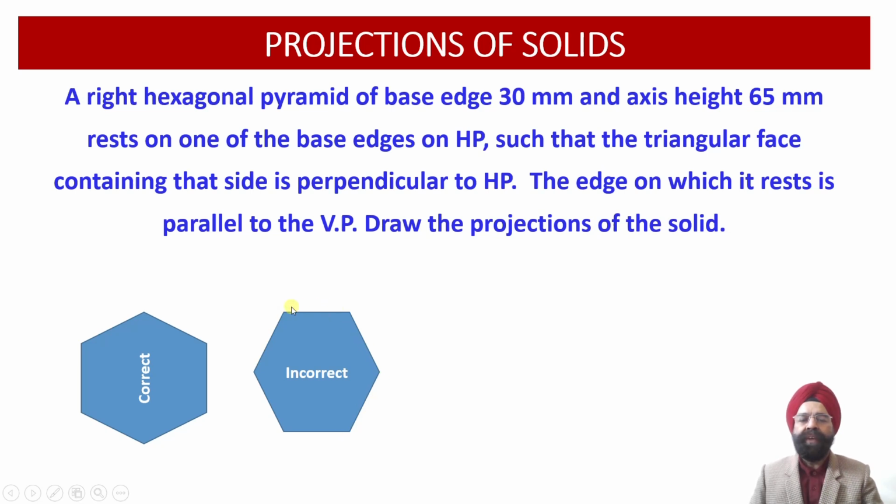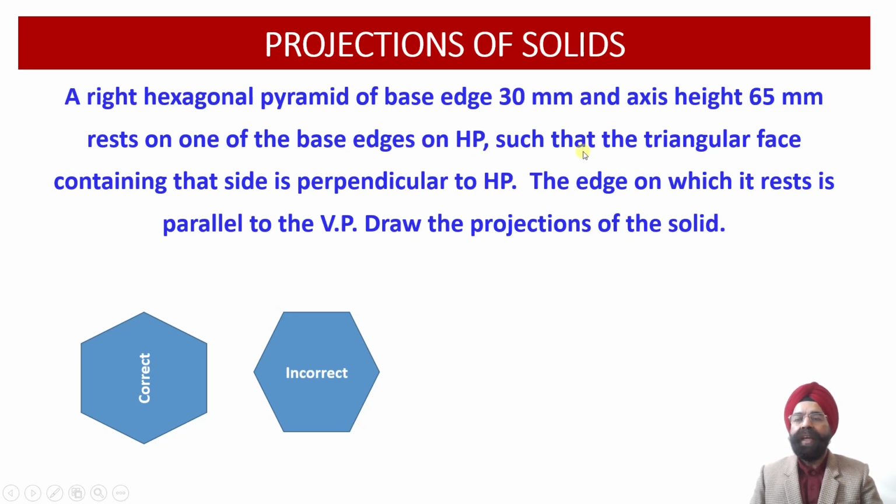So if we locate the hexagonal pyramid onto the horizontal plane in this orientation and then we incline or tilt this hexagonal pyramid with respect to the horizontal plane, it will be resting on one of its corners onto the ground. So it will not be resting on one of the base edges on the horizontal plane.